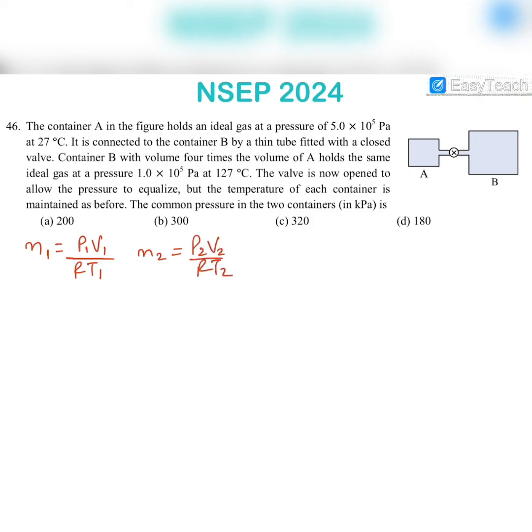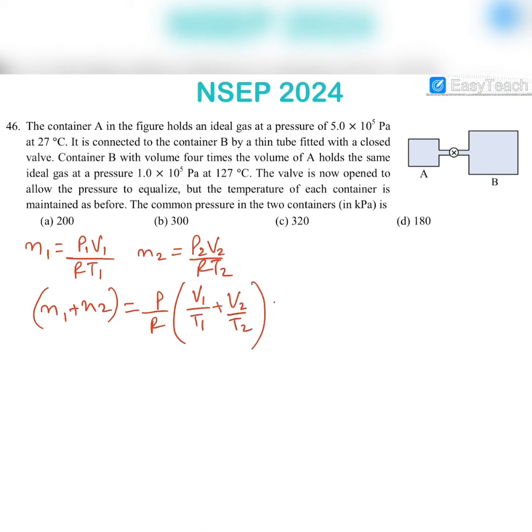These are the number of moles initially, and as the gases will mix, but they will not react obviously, the number of moles will still remain the same, and the pressure will become common. So N1 plus N2, which is the total number of moles, will be now P is common, P by R is common, but volume and temperature of each of the containers is different. So it is V1 by T1 plus V2 by T2.